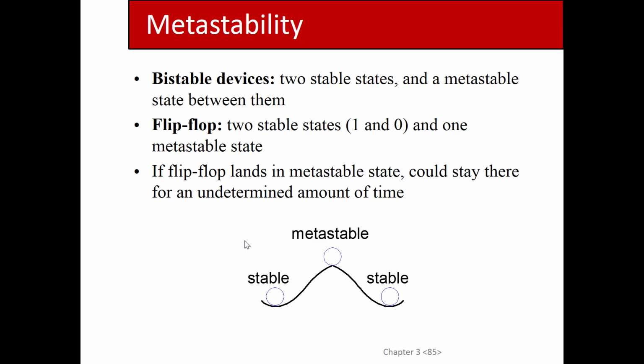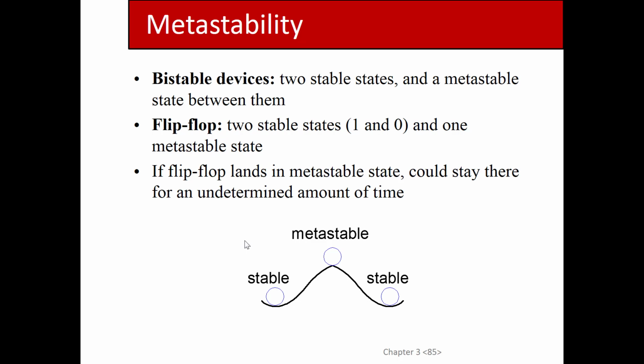It stays in this weird quasi-state in the forbidden zone between 1 and 0 for a while. But eventually, it'll stabilize. The problem is that you don't know how long it's going to take to stabilize.